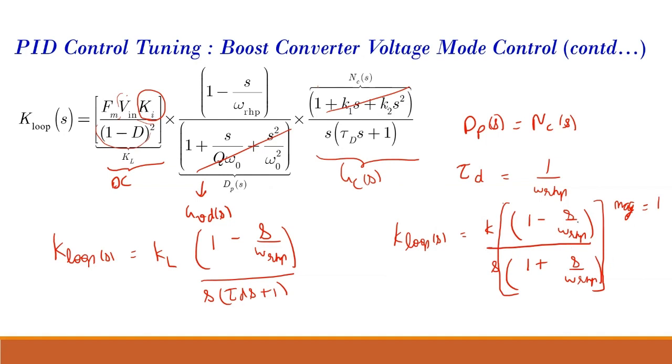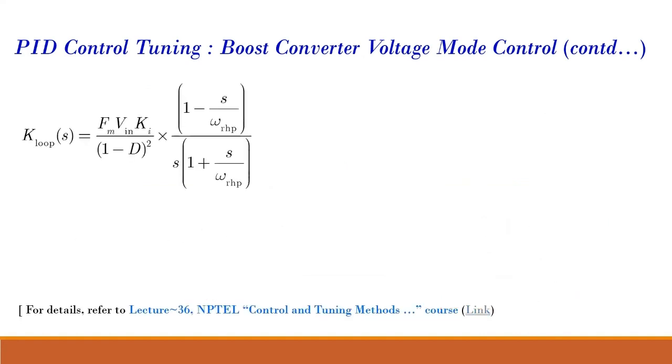The advantage of doing it in this form is that this has a magnitude of 1. So this will simplify my design. It will make my design simpler. That is why I use this method. All right. So overall, this will be my loop transfer function after doing all the steps which I have told earlier.